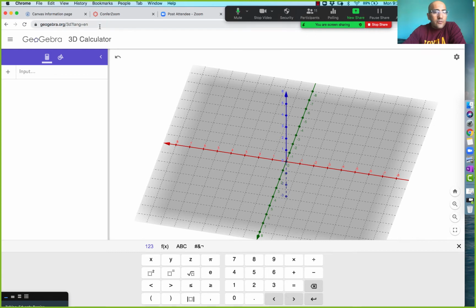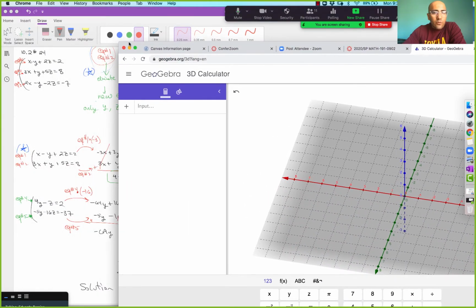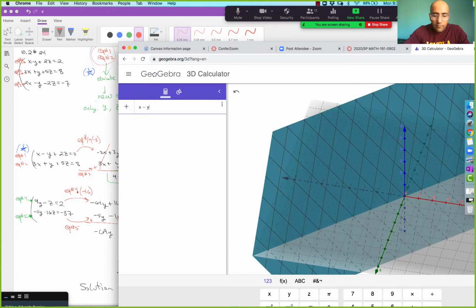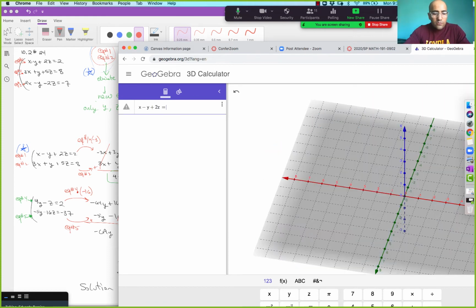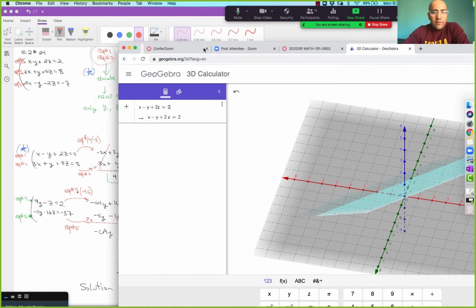If you just type in GeoGebra 3D calculator, you'll get it. It's free. And then it helps you do a good job with graphing 3-dimensional things. So let's just type in x minus y plus 2z equals 2. Okay, and this is what it would look like. Let me get rid of some of these things.